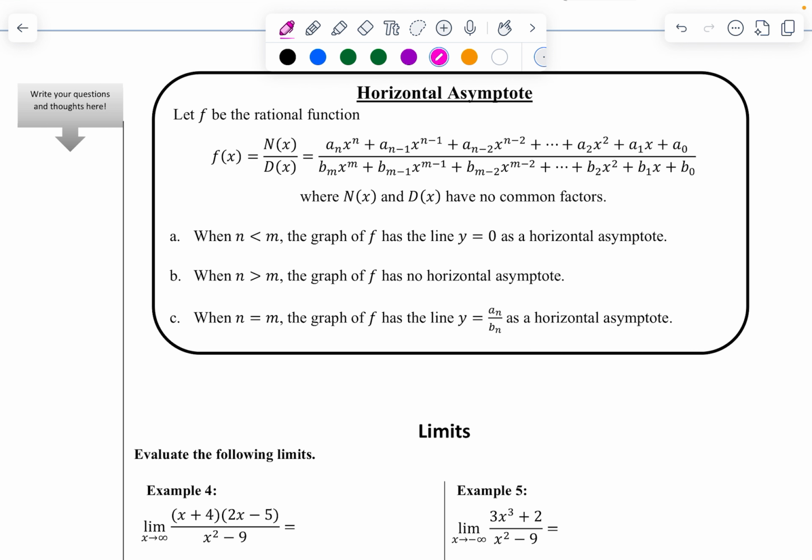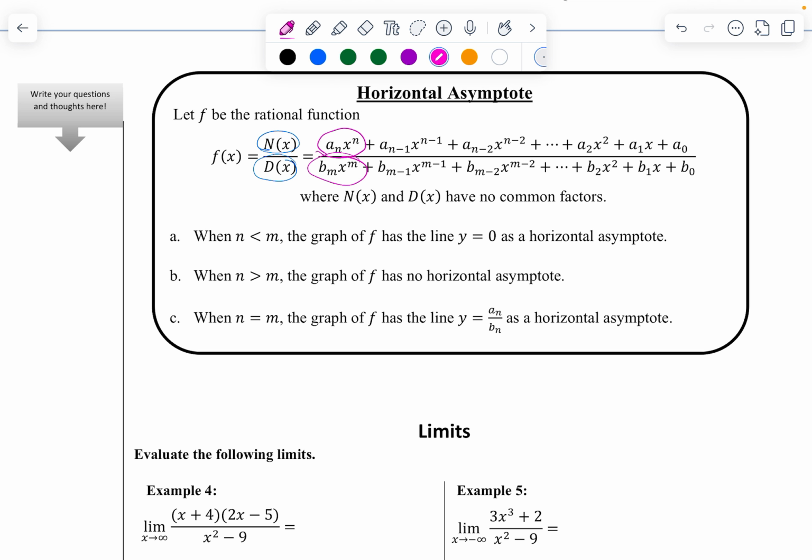So let's look at this in another way. Here's our standard form of what a rational function would look like. Really what we're talking about here is our numerator function and our denominator function, the only ones we care about. We don't care about any of this other stuff. We care about the leading term in the numerator and the denominator.